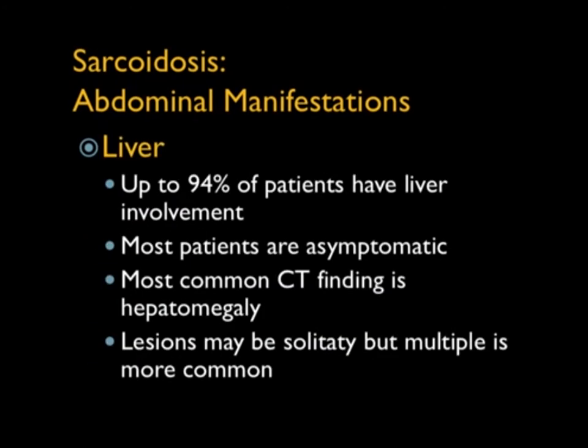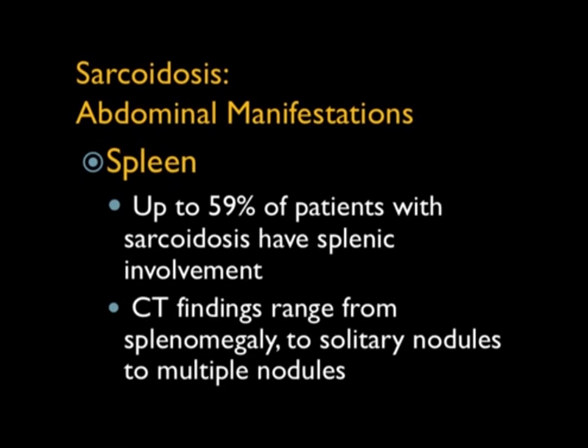Although you don't see often the splenic and liver involvement, the truth is up to 94% of patients have liver involvement, though most are asymptomatic, and the most common finding is hepatomegaly. In the spleen, up to 59% of patients with sarcoid have splenic involvement, so that becomes a very, very important thing also to be aware of. And again, the manifestations of sarcoid range from splenomegaly to solitary nodules to multiple nodules.